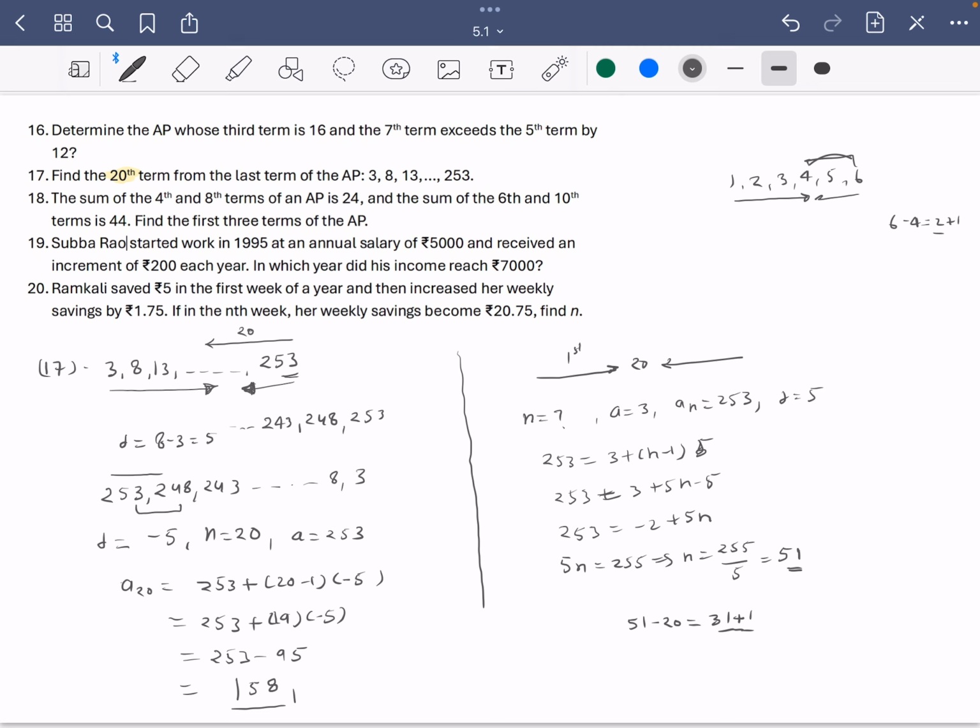So it's going to be 31 plus 1, that is 32. So the 20th term from the last is going to be the 32nd term from first.